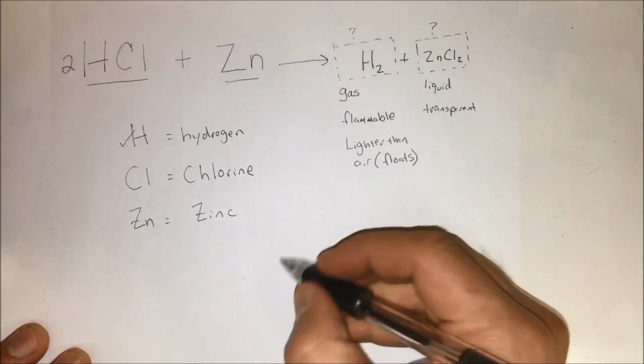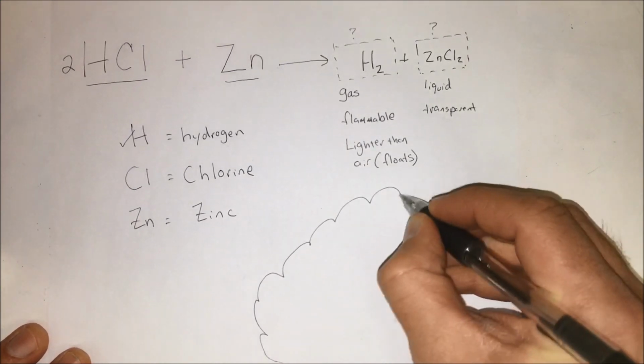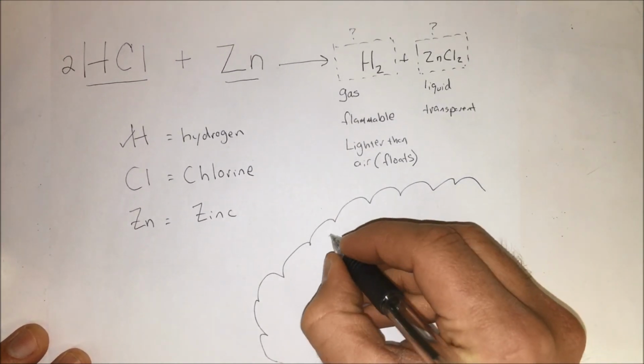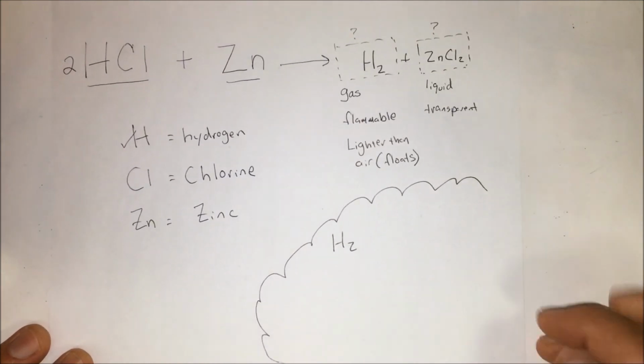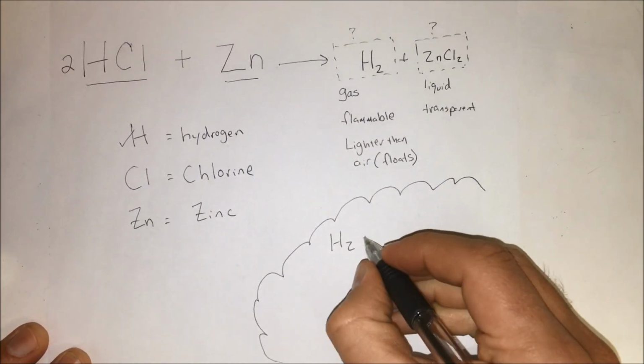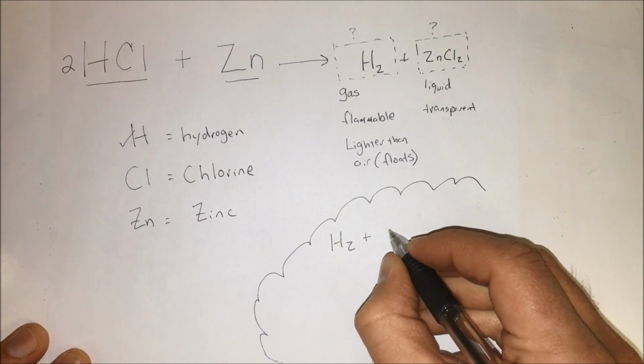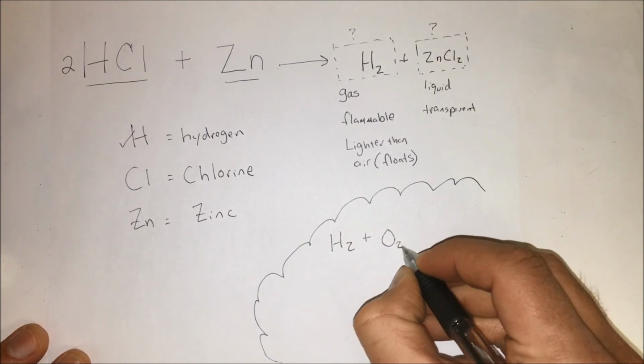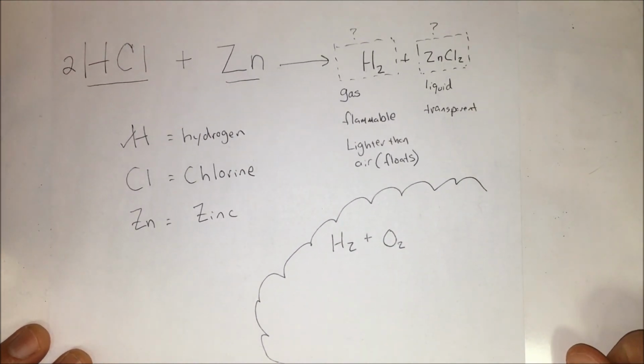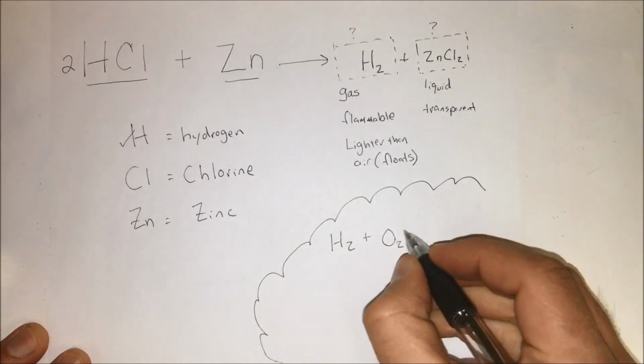Now, for a little bonus here, we have hydrogen gas in the balloon, right? Anytime you burn something, you react it with oxygen gas. If you have no oxygen, you take that away, and no flame is going to be there anymore. You want to snuff out a flame, you take away the oxygen that feeds the flame.